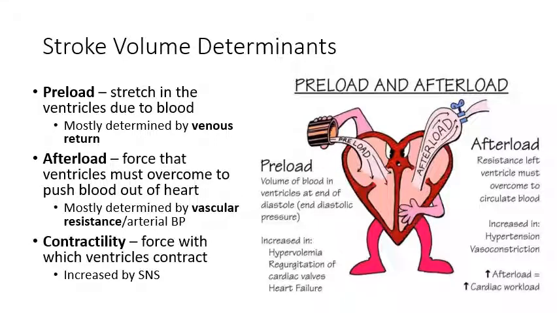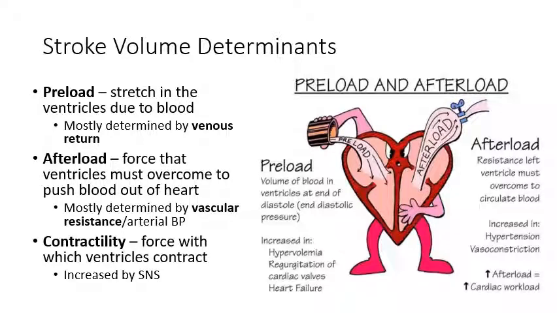Then you have afterload, which is the force the heart must overcome in order to force blood out of the ventricle and into a great artery. That is determined for the most part by the vascular resistance or the arterial blood pressure. It's a little bit weird, it's kind of determined by both.